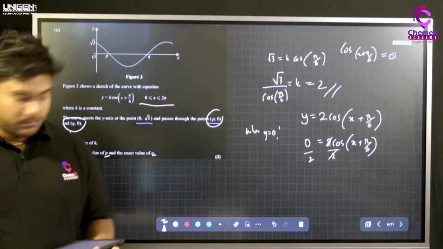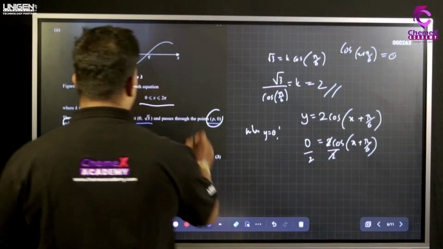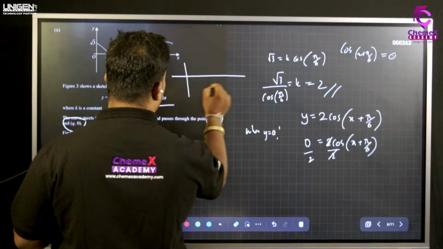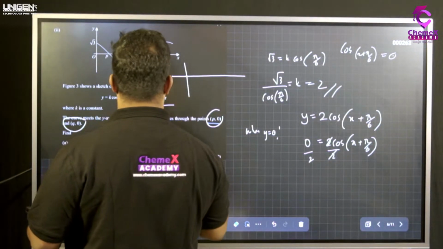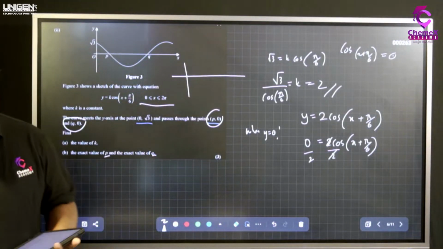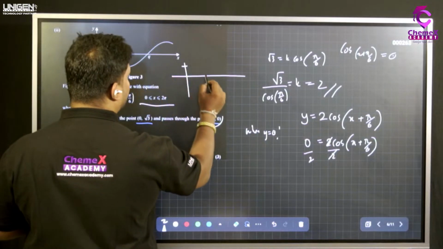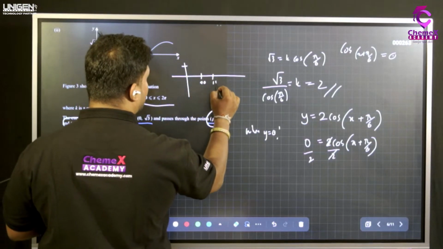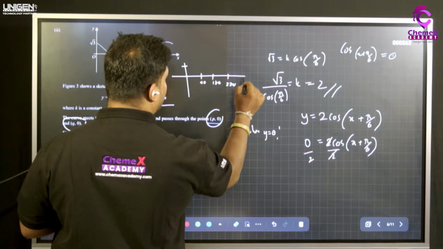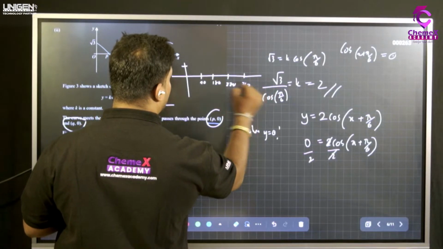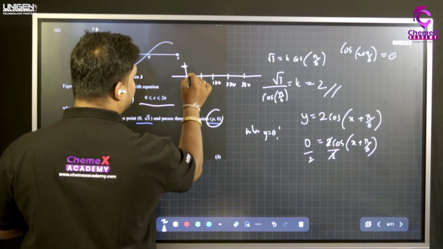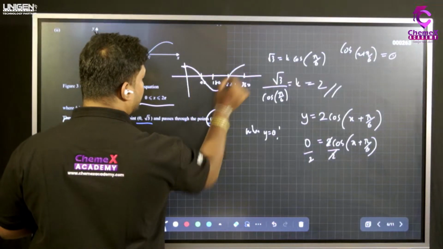If you draw the cos graph, where do you get 0? Between 0 and 2 pi. Cos 0 is 1. I am just drawing the degrees so it's easy for you. So it will go right.